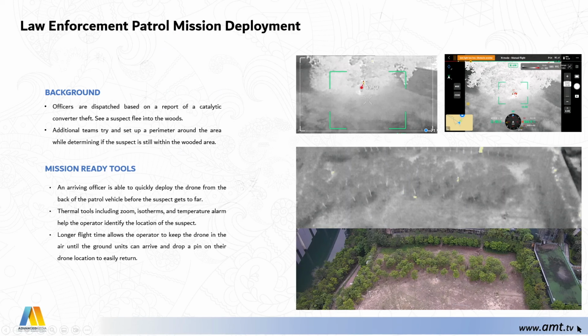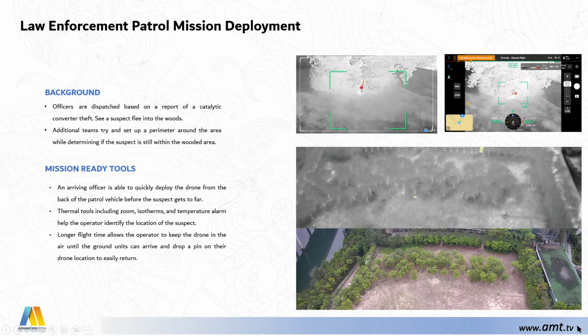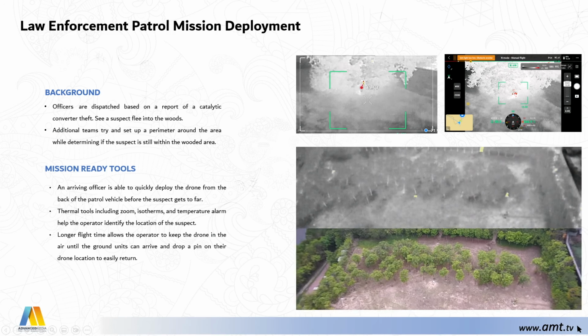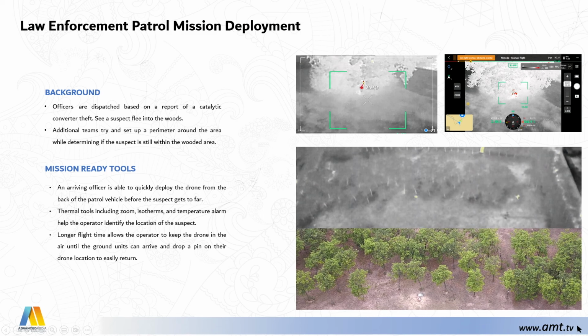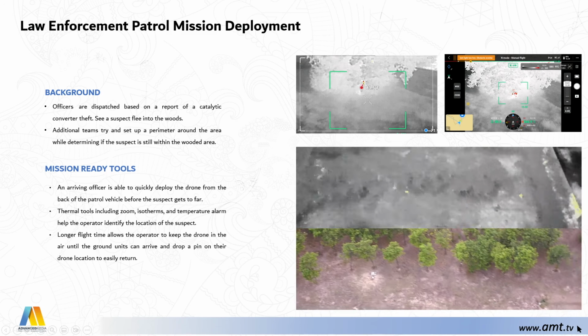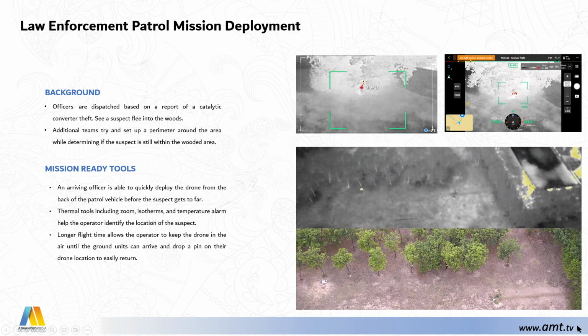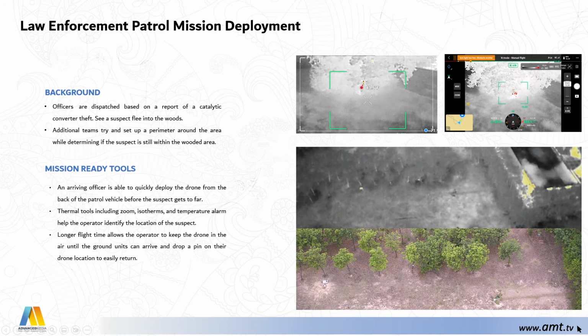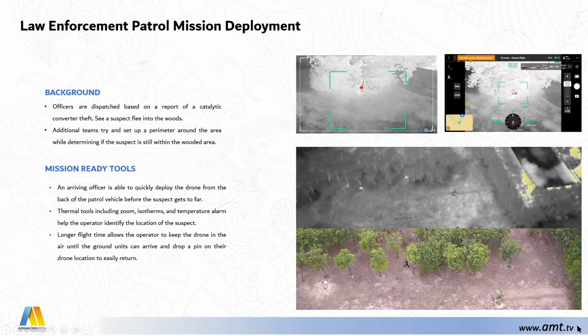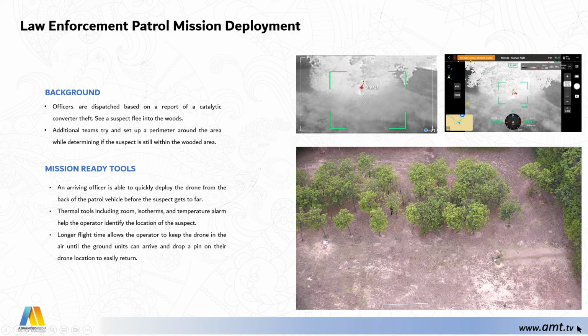So I have an example here of the side-by-side footage that you can have with the controller. See, there is a person hiding behind the trees. We can see it clearly in the thermal camera, whereas in the RGB camera, it's not clear enough. Maybe we have to zoom in more in the RGB camera to notice that someone is moving. But with the thermal, you can notice clearly that someone is there, even when he's behind the trees.